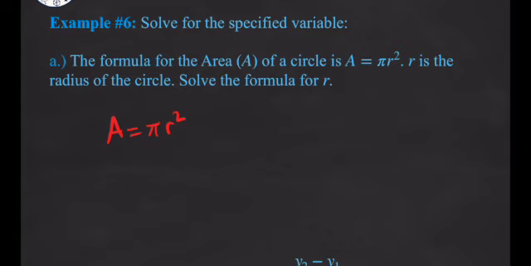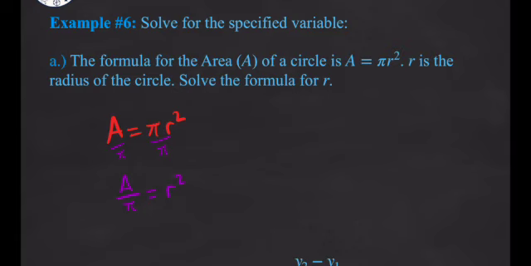So what we're going to do is start by getting it isolated. That squared is only with the R, it's not with the pi, so we do not want to mess with that square. That pi is times the radius squared, so let's get that pi to go away. To undo a multiplication, we have to do a division, so we divide both sides by pi. So we have area over pi equals radius squared.